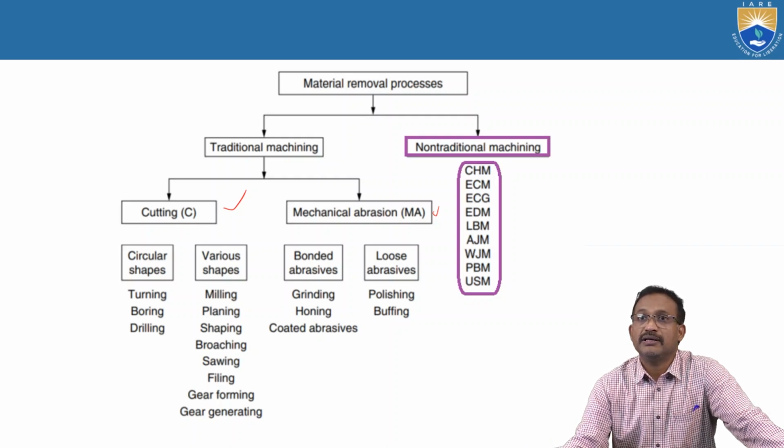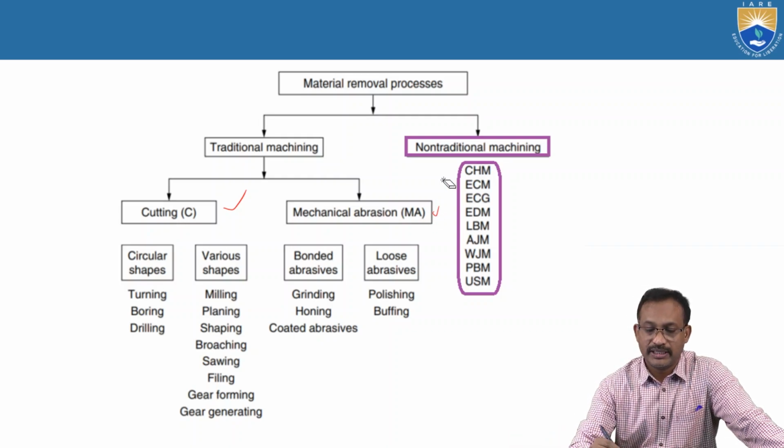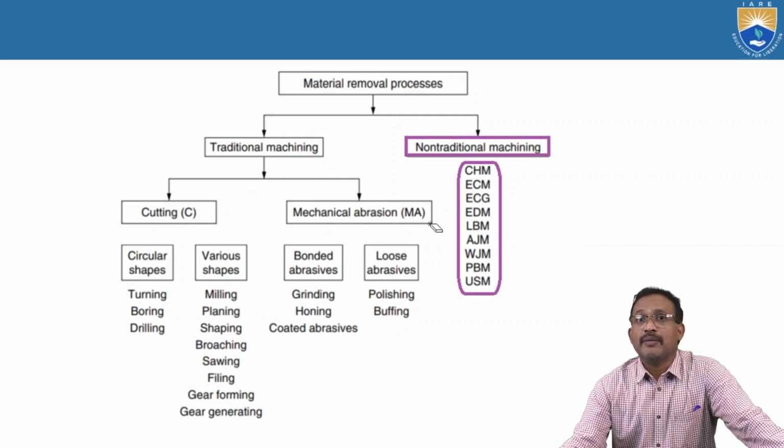Before we go to discuss the non-traditional machining process, we have to come to know what is the conventional machining process or traditional machining process, what we have learned so far. Let us brief the cutting and mechanical abrasion one by one. Now let us see. Come to cutting.